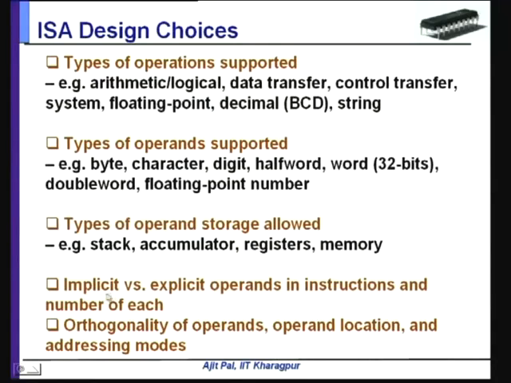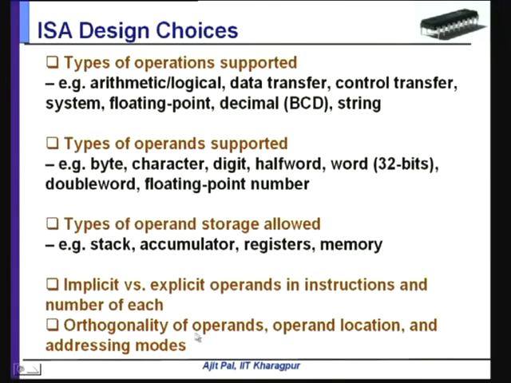Then as I have already told, there is a possibility of specifying either explicitly or implicitly. So, implicit versus explicit operands in instructions and numbers of each. I have already explained this particular feature, how instead of specifying everything explicitly, you can specify some of the things in an implicit manner.